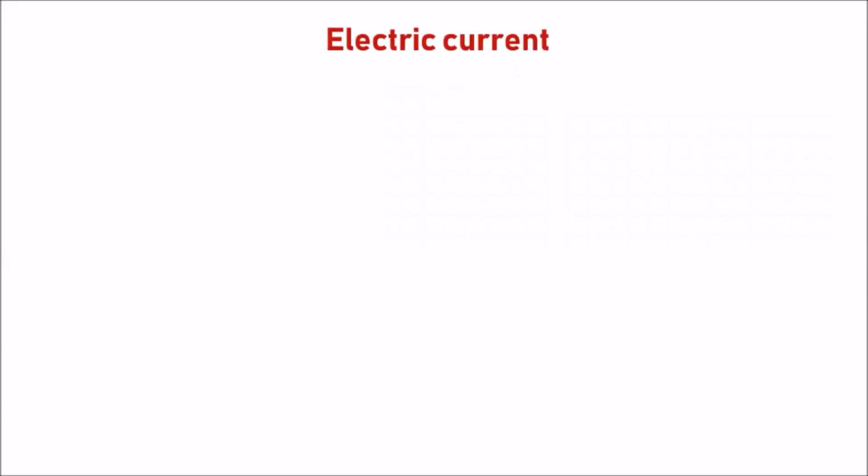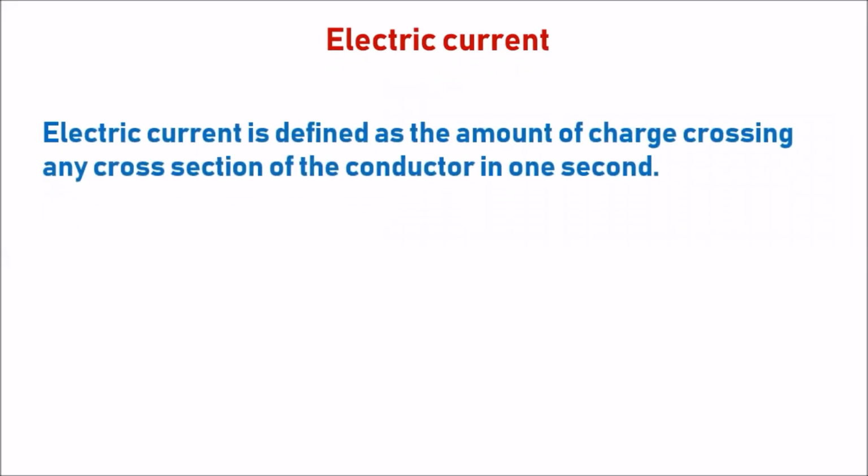Then electric current. What is the actual definition of electric current? Electric current is defined as the amount of charge crossing any cross section of the conductor in 1 second. This happens in ordered motion, not in random motion.